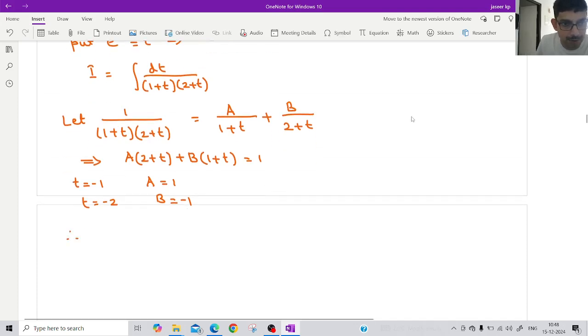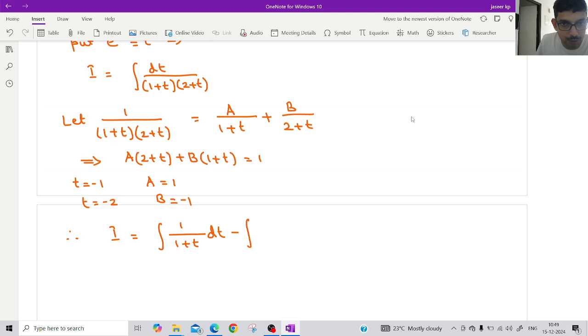So therefore I will be equal to the integral of 1 by 1 plus t dt minus the integral of 1 by 2 plus t dt. So that means now, integrating, log of 1 plus t minus log of 2 plus t plus c.